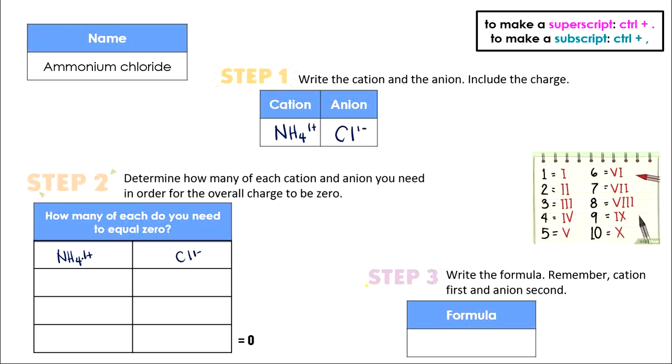Well, because this is +1 and that's -1, I really only need 1 of each because +1 minus 1 is equal to 0. So let's write the formula. The cation is first, so NH4, and we do not write the charge here. And then the anion second, Cl. So in this case, NH4 did not need parentheses because we only needed 1 ammonium ion.